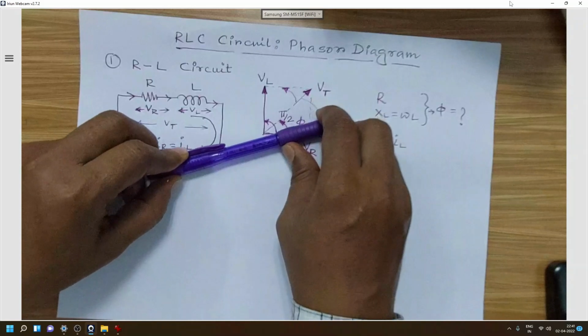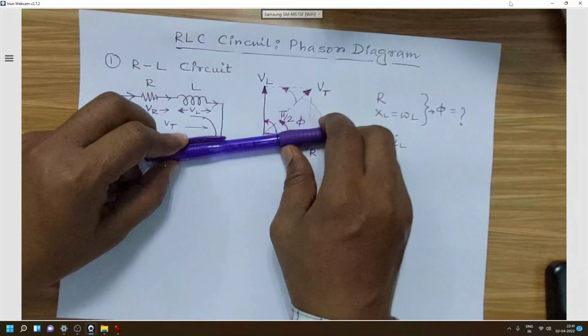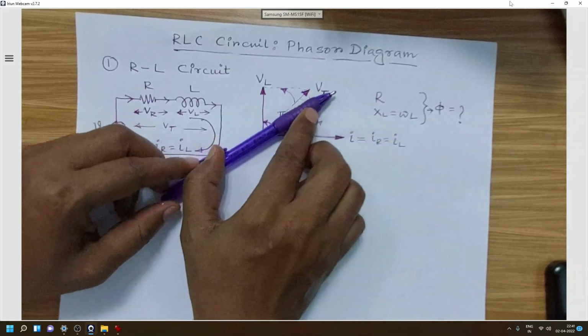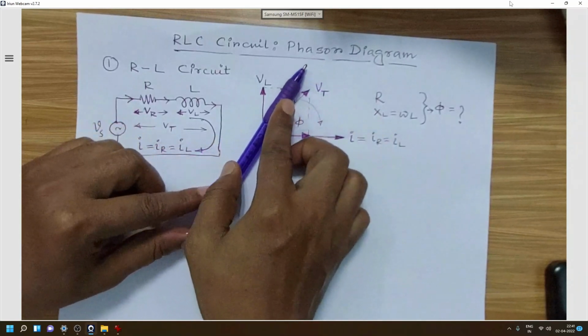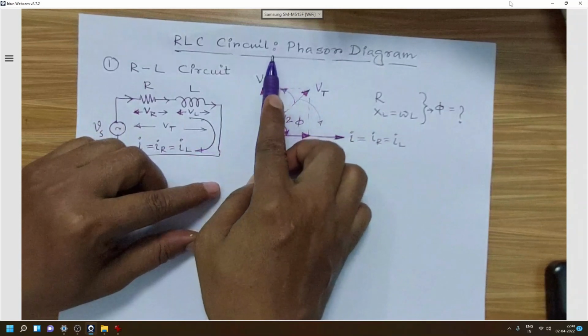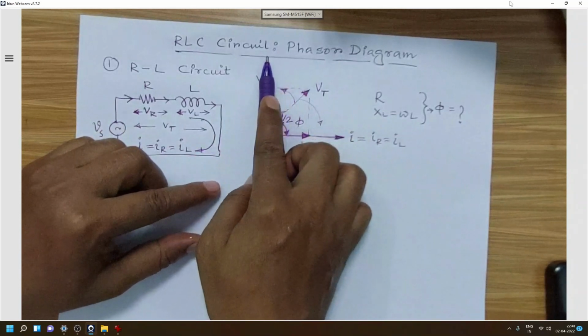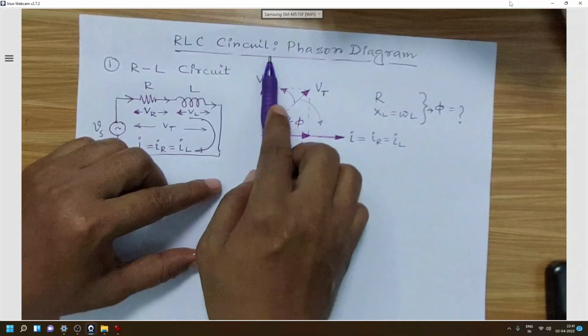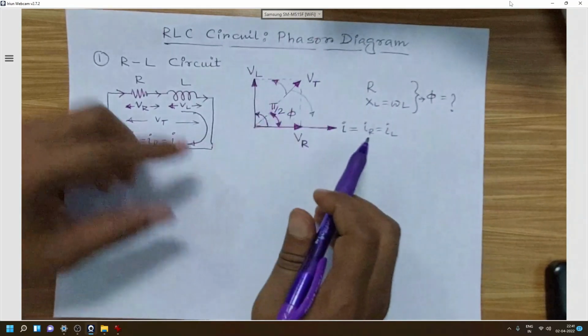So the phase angle will be lesser and lesser if the resistive component increases, or if the inductive reactance increases, then the phasor will move towards the perpendicular direction, and it will become 90 degree if the resistive element is 0, as we have studied in the earlier section.